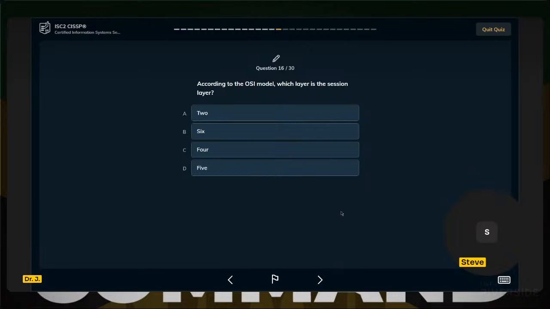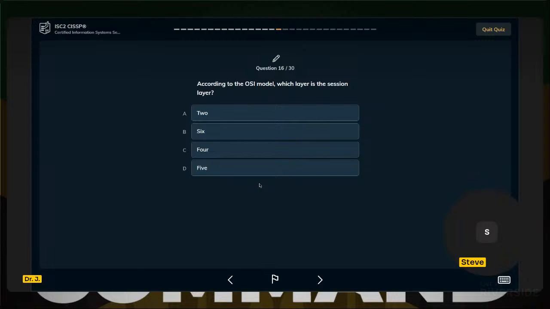All right, according to the OSI model, which layer is the session layer? Is it 5? Transport, session, presentation, application. Yeah, 5, because 6 is presentation, 7 is application, 4 is transport, 2 is data link.